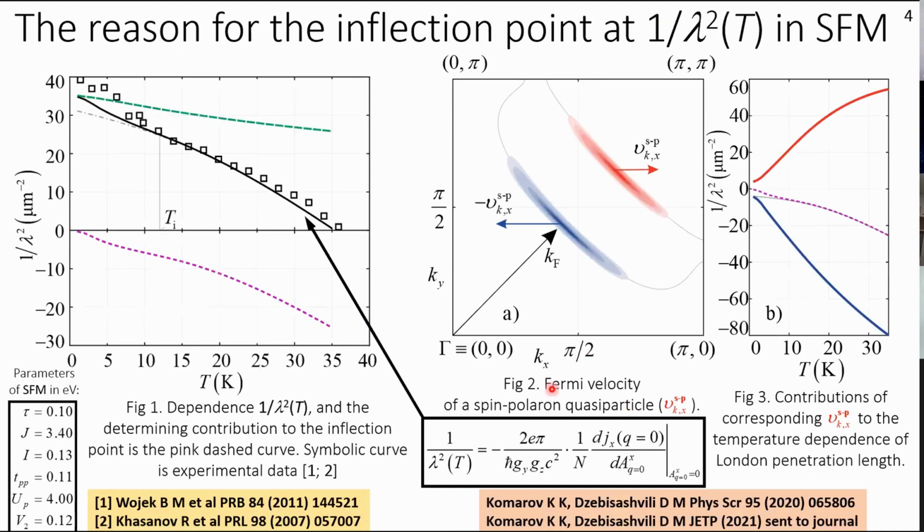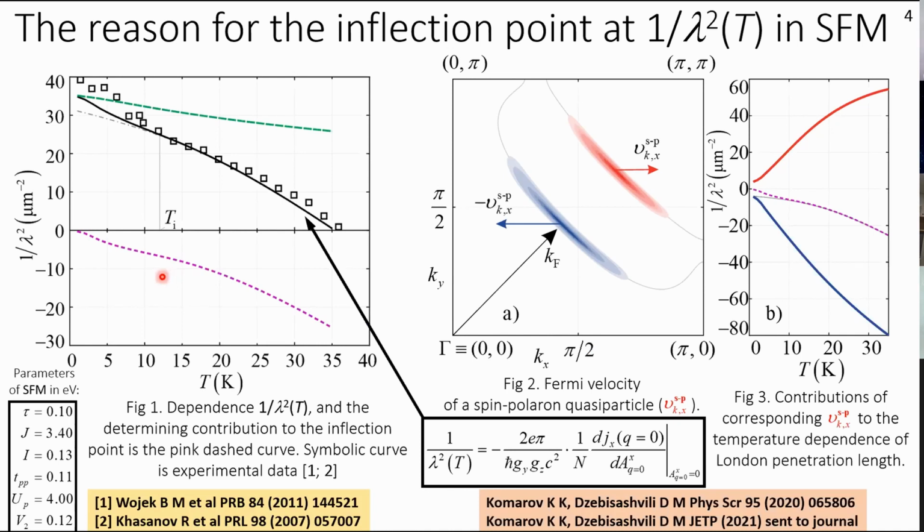But what is the reason for the inflection point? To find out the reason for the appearance of the inflection point, we need to analytically calculate the derivative of the expression for the supercurrent over the field and determine the term that leads to this effect.